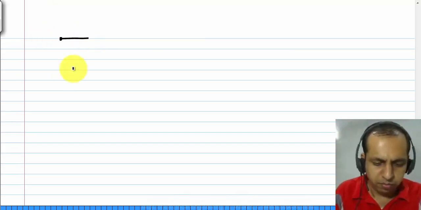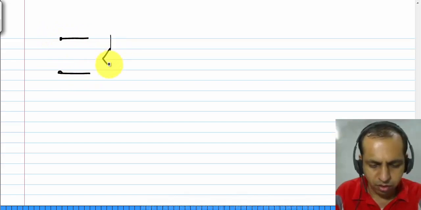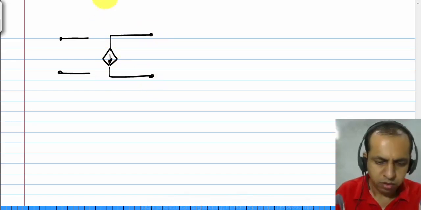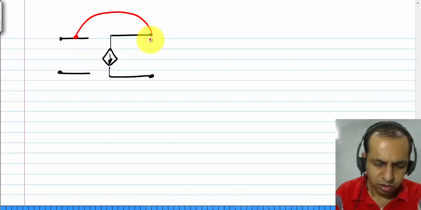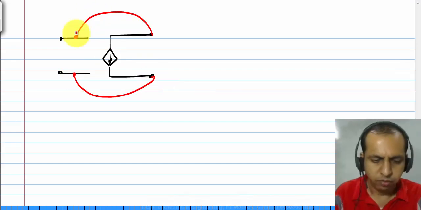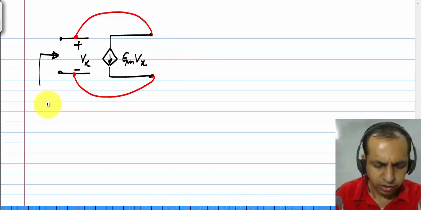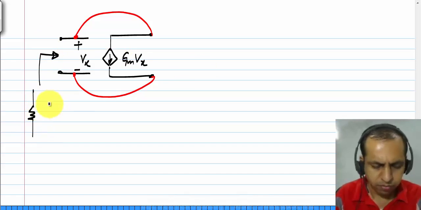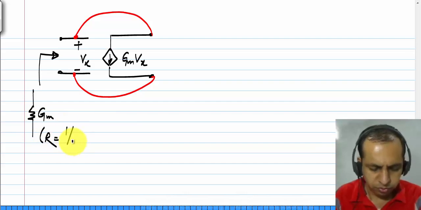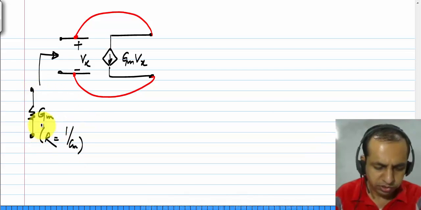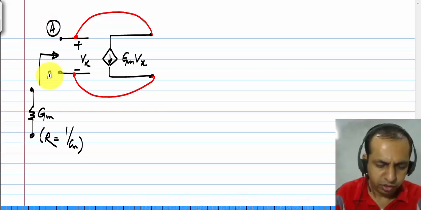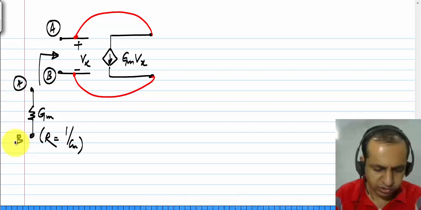We already saw that connecting a voltage controlled current source like this, that is Vx, Gm times Vx, realizes a conductance equal to Gm or a resistance which is 1 by Gm between these two terminals. Let me call these A and B. It will look like a resistor.